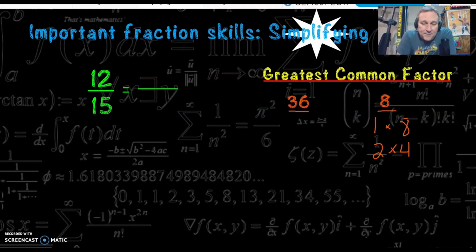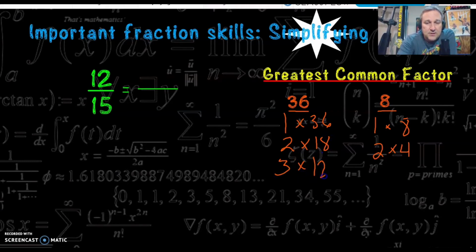So there are 4 factors for the number 8. 36, on the other hand, has quite a few factors. I can go 1 times 36 for sure. I can do 2 times 18. I can even do 3 times 12, and I can do 4 times 9, and then I can do 6 times 6. So there's a whole pile of factors for 36. What's the biggest factor they both have in common?